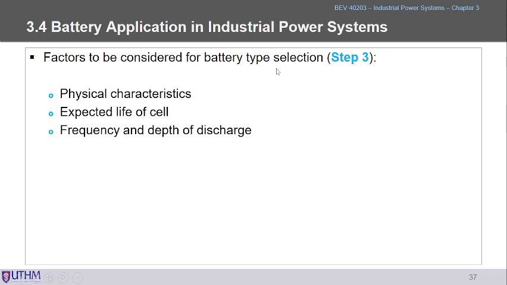In terms of the frequency, the higher the frequency, that means if we always charge and discharge our battery frequently, then it will shorten our lifespan. And ambient temperature, we need to consider, because normally a battery manufacturer tests the battery at a temperature of 25 degrees Celsius.